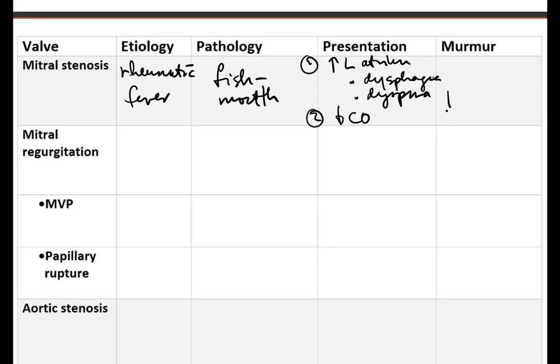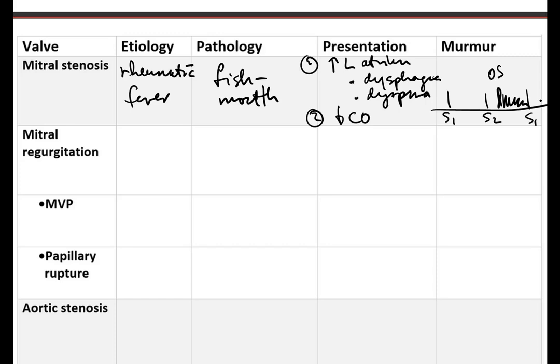When we talk about the murmur, it's going to be a diastolic murmur, which is going to give us our classic opening snap with the diminishing murmur into the end of the contraction of the atrium.